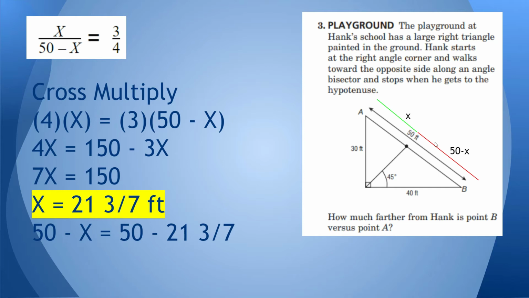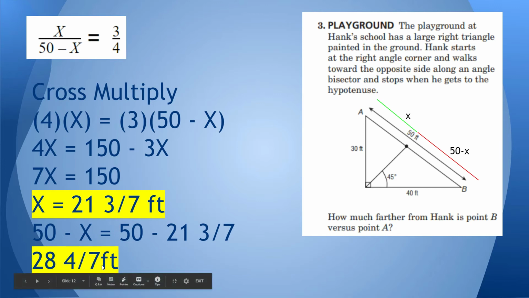Right? That's what we have over here. That's the length of this side. So what did we get for x? We got 21 and 3/7. So if we have 50 minus 21 and 3/7, what do we end up with then? Well, we end up with 28 and 4/7. Notice the 4/7 and the 3/7 will add together to 7 over 7, or a whole number of 1.